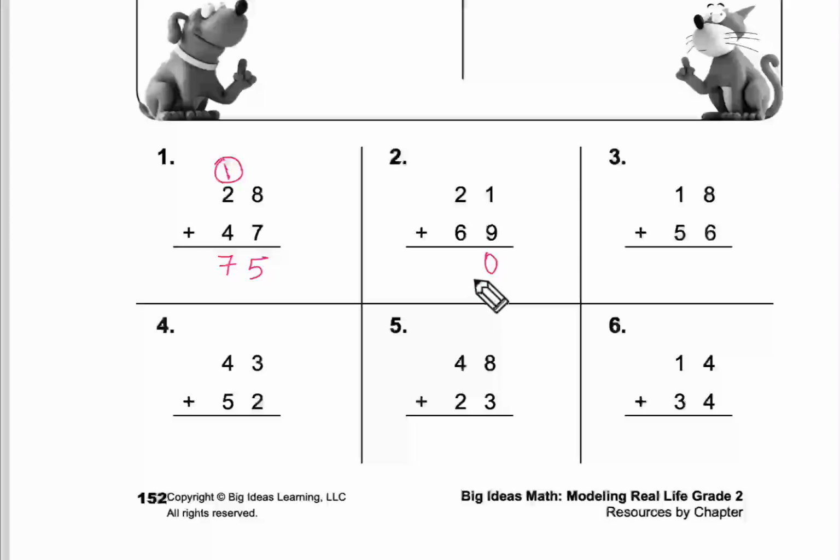We write down 0 and carry up 1. Great. Continue. 8. Are you sure? 9. Of course, 1 plus 2 is 3, and 3 plus 6 is 9. So the sum is 90. Excellent, my hero. Thank you.